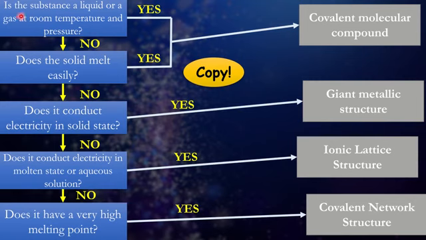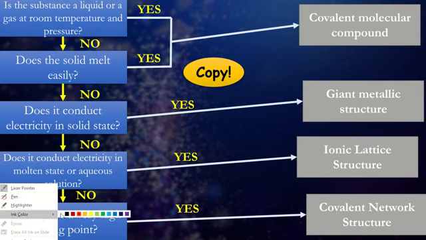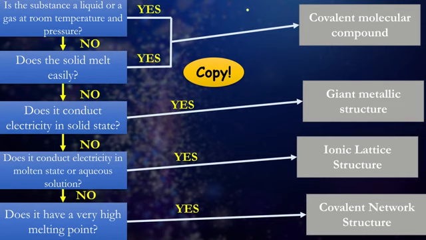So let's say if the substance is a liquid at room temperature and pressure, if that's yes, then it's definitely a covalent molecular compound. What we mean by covalent molecular compound is a very simple covalent structure, so something like O2 or carbon dioxide. These are examples of covalent molecular compounds. Okay, so they don't really get larger than a couple of elements binding together.